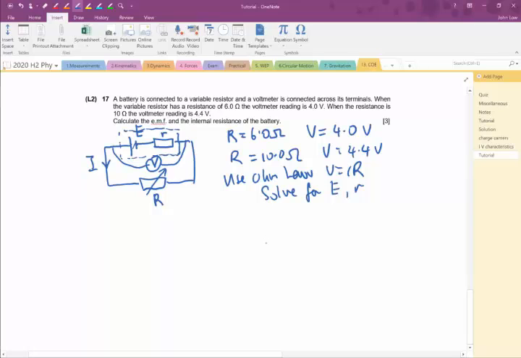From Ohm's law, we know that the EMF equals the current that is flowing in the circuit multiplied by the internal resistance plus the resistance of the variable resistor.